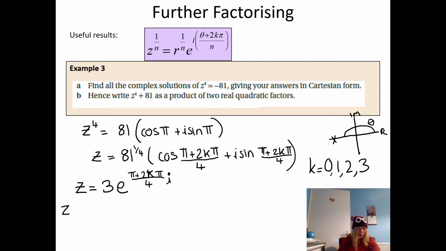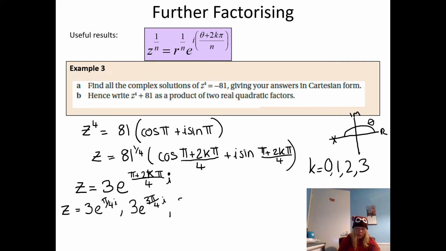So there will be 3 e to the pi over 4 i. The next one would be 3 e to the 3 pi over 4 i.